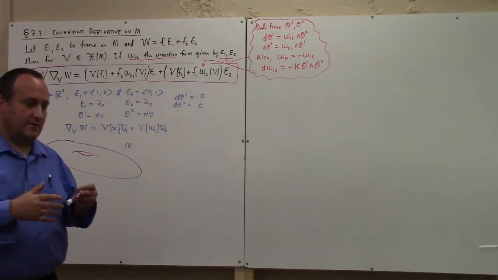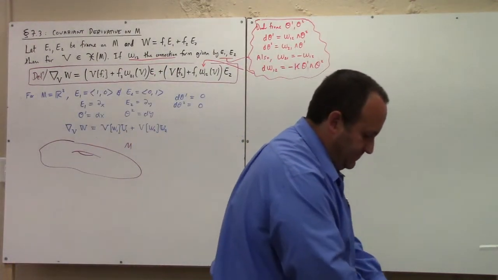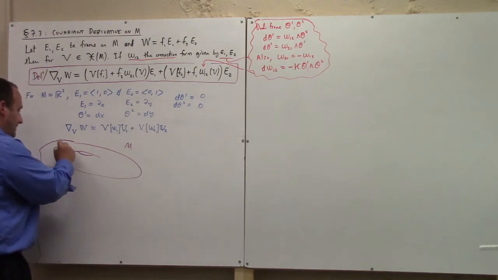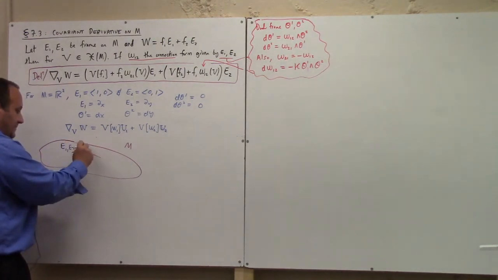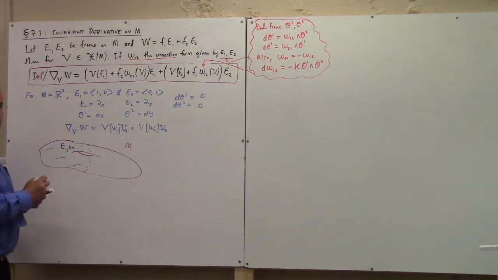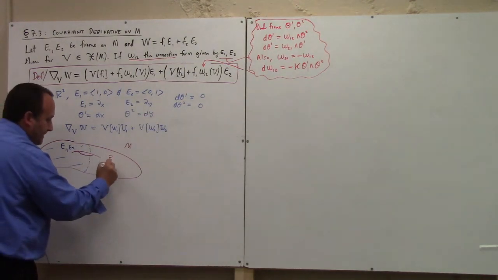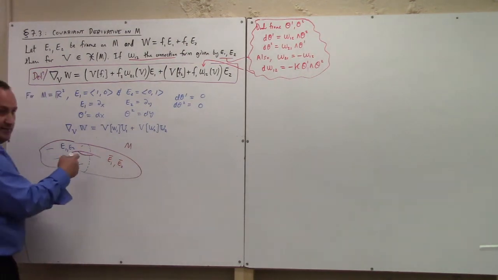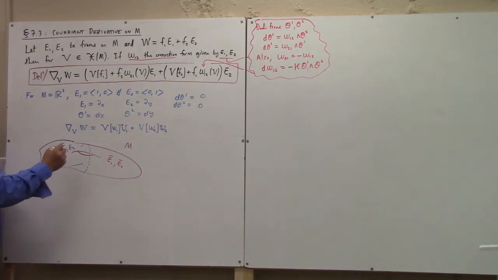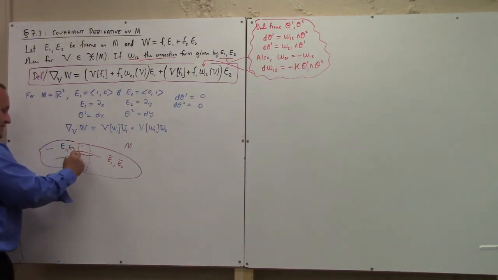But maybe you can define the frame on half of it. You have E1, E2, say, over here, and then you have, let's say, E bar 1 and E bar 2 over there. And if these two frames cover the whole thing, there's probably some place in the middle where they're both defined.